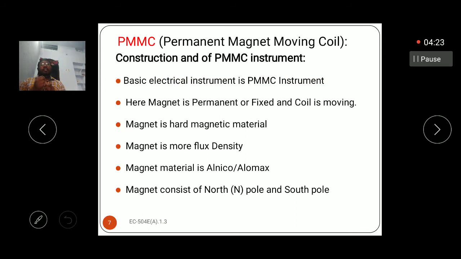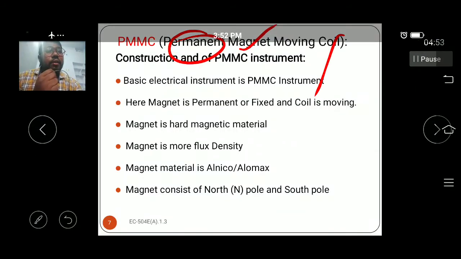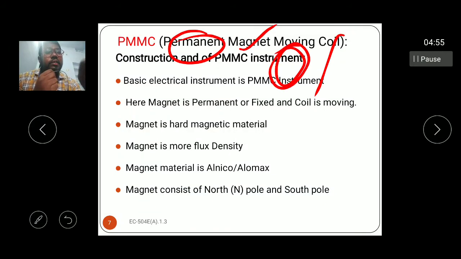Here my topic is the PMMC meter, that means the permanent magnet moving coil. The name itself suggests that the magnet is permanent and the coil is moving.